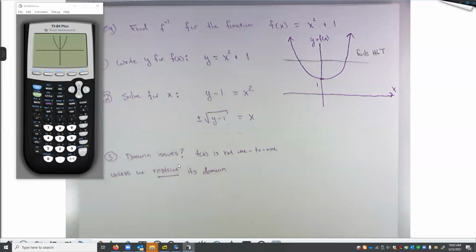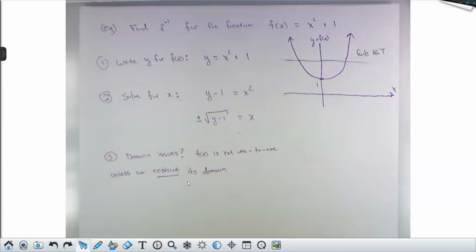So what do I mean by restrict the domain? Well, remember, the domain is the set of all inputs, the set of all x values that are on this graph. If I throw away half of that, for example, throw away all the x values that are less than 0, then this whole piece of the graph will vanish.